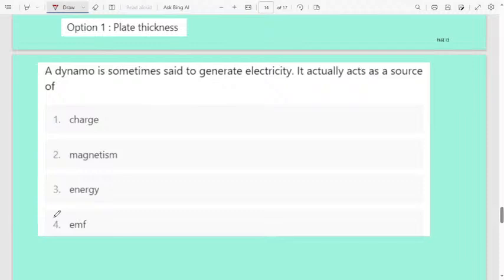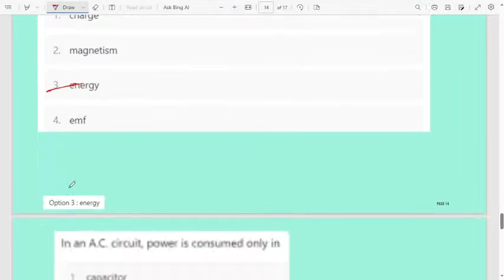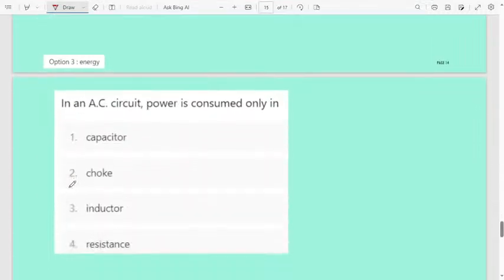With the help of the dynamo you can generate electricity. Using a dynamo you can generate electricity, and with the help of that electricity you can do useful work. It will produce energy also.